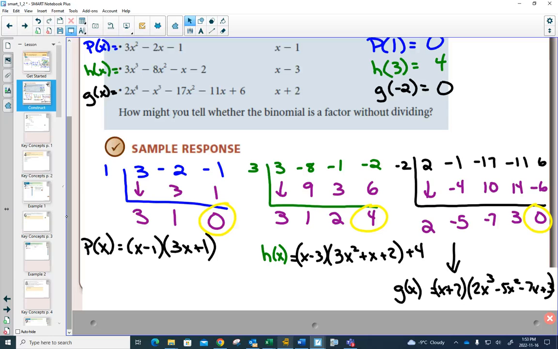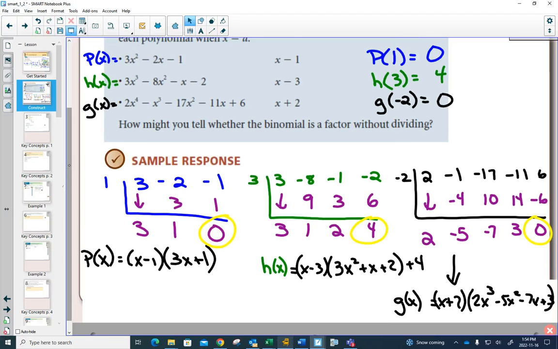If you did synthetic division and wrote the division statement, would you agree this is the division statement here? Would you agree the division statement here and the division statement here? Now, when I am figuring out p of 1, since p of x is equal to this, I could plug in 1 for x. This is really easy mental math. This is going to be 3 times 1 minus 2 times 1 minus 1. You probably could see that one easily to be 0.